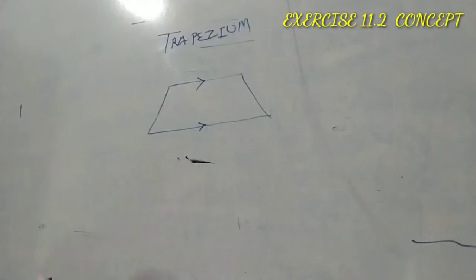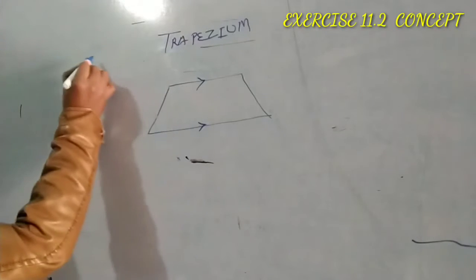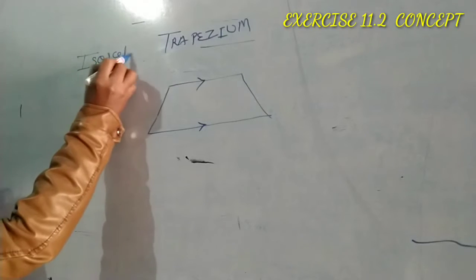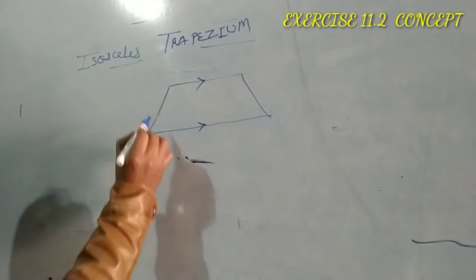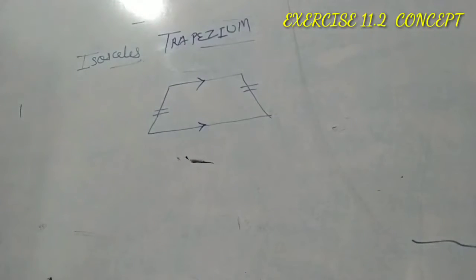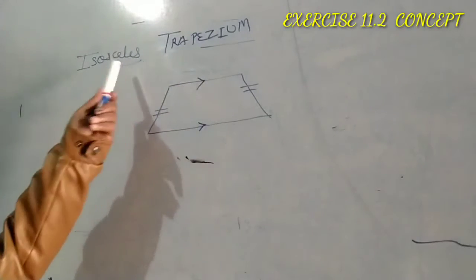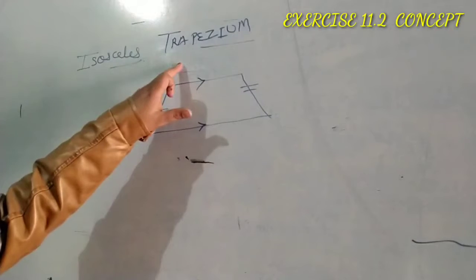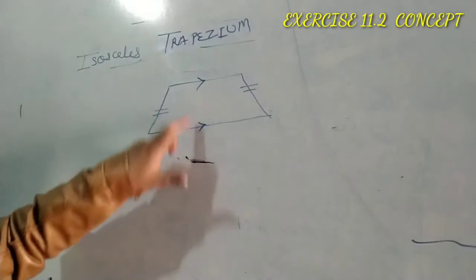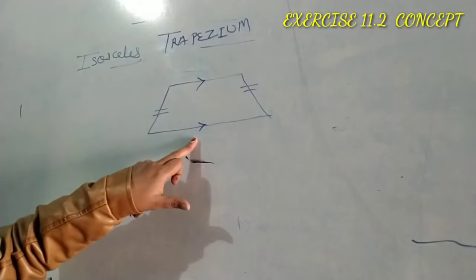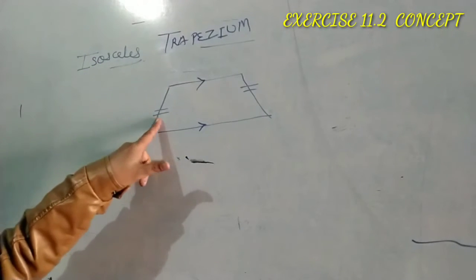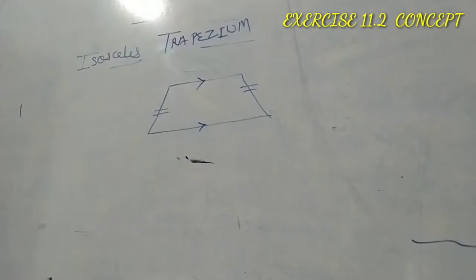Second, if I talk about an isosceles trapezium, then the non-parallel sides are equal to each other. This is the difference between a trapezium and an isosceles trapezium. In both cases, one pair of sides is parallel, but in an isosceles trapezium, the non-parallel sides are equal to each other.